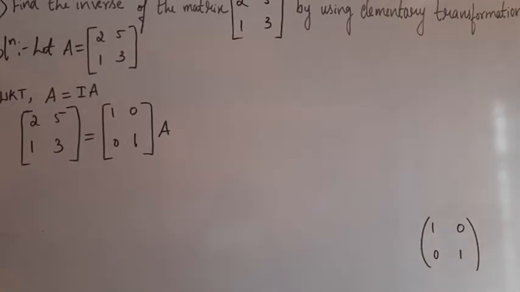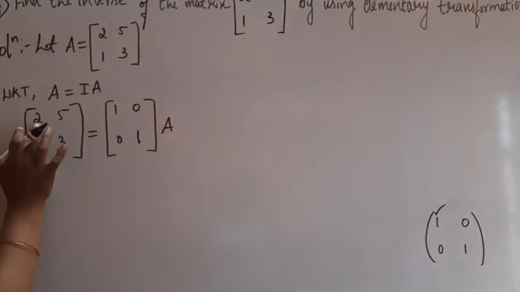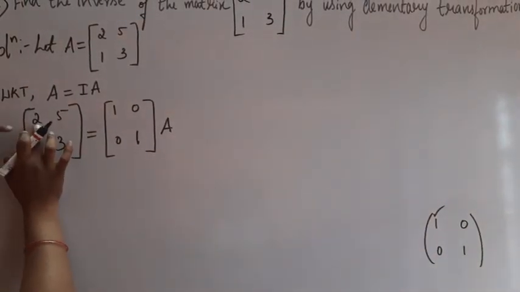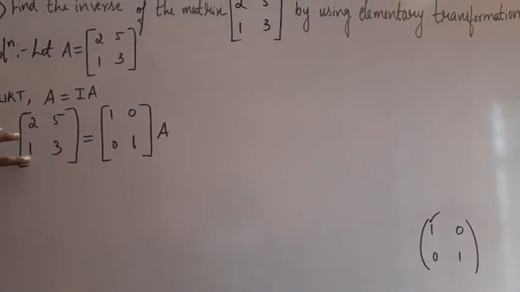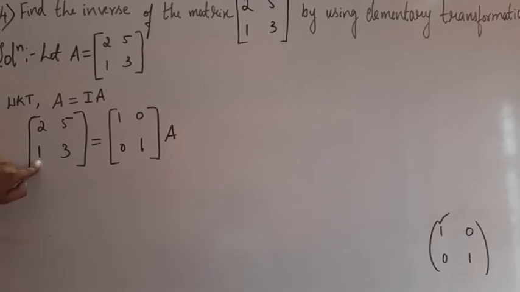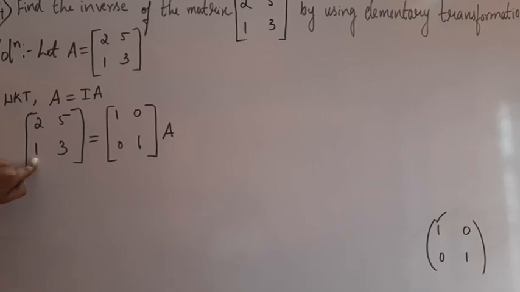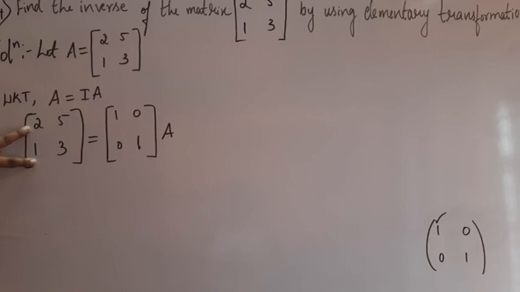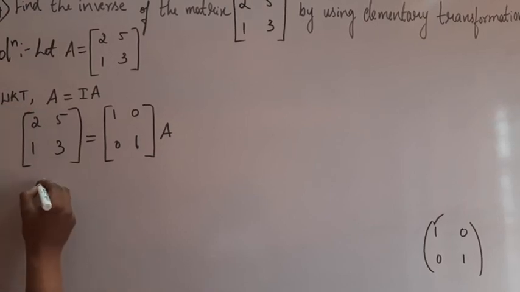See here, we have to get the first element as 1. They have given the first element as 2, but we can clearly observe that in the second row, first element we have 1. So we know the elementary transformation conditions. What is the first condition? We can interchange any 2 rows, right? So here we can interchange these 2 rows. If we interchange, this 1, 3 comes to the first row.